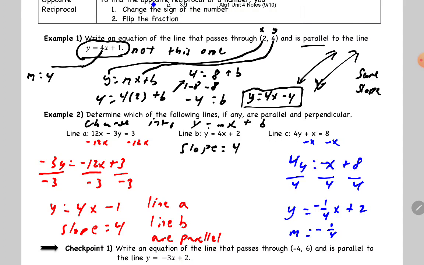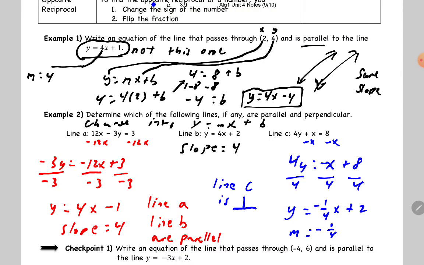So line C is perpendicular. I'm going to use the perpendicular symbol.